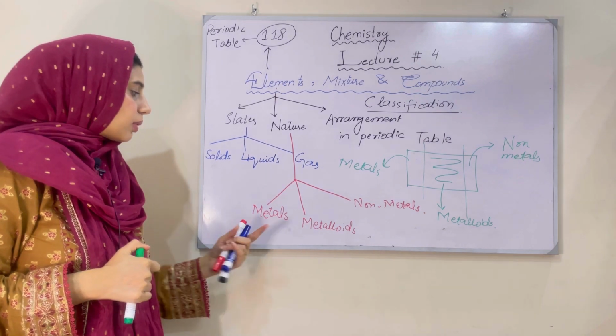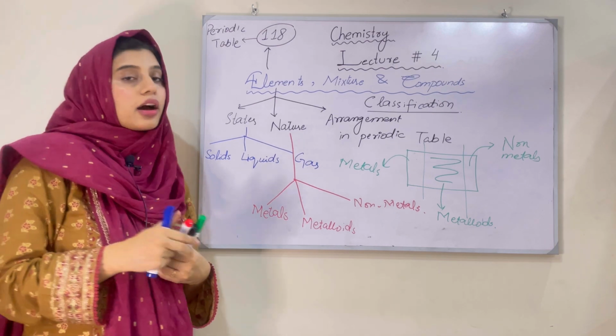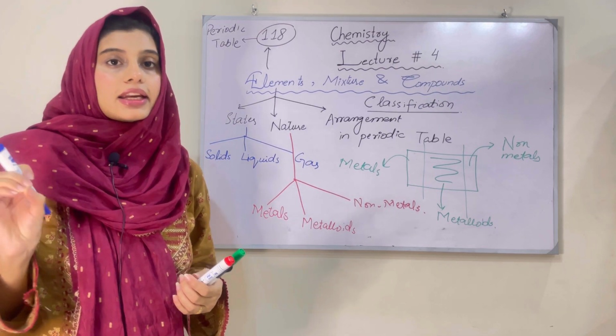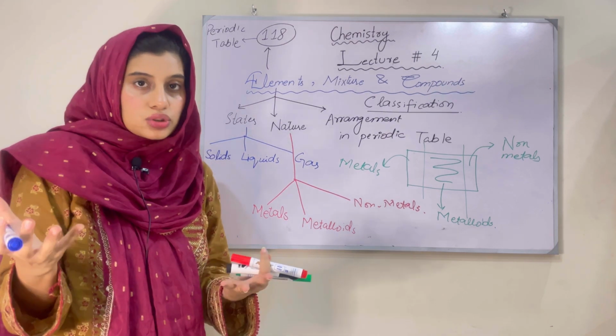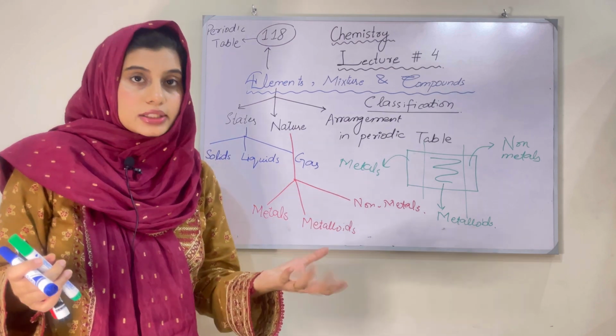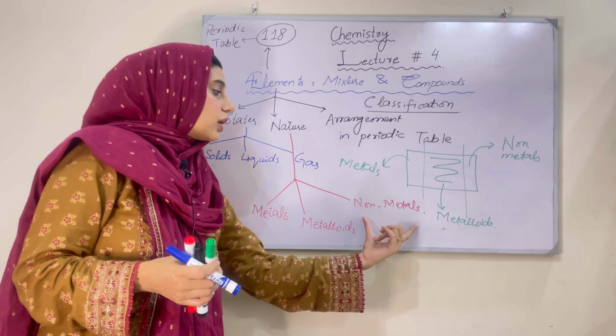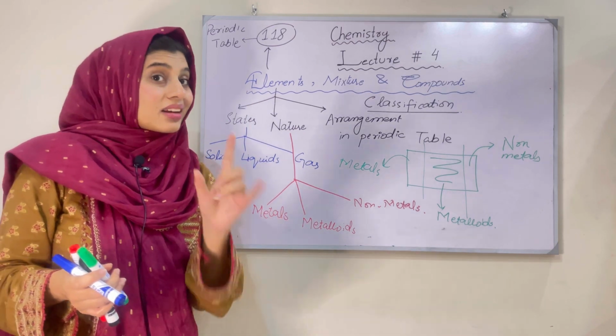If I talk about metals, the characteristics of metals are that they are very good conductors of heat and electricity. They have free electrons in them, they have a strong structure, and they are usually in the state of solids. Then non-metals are poor conductors of heat and electricity, they are insulators.